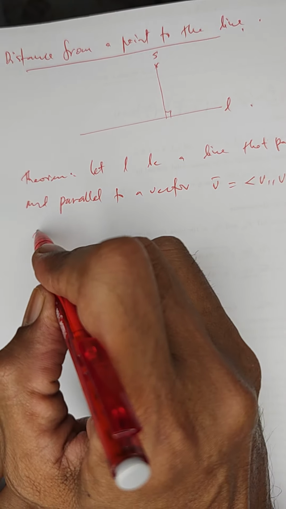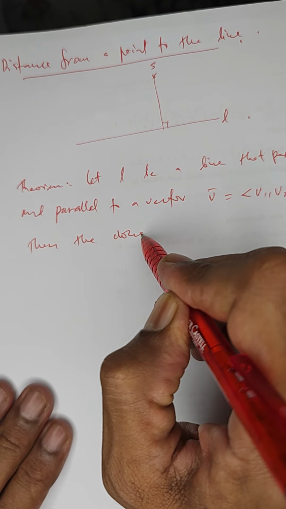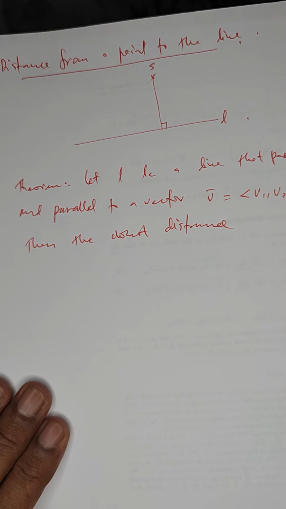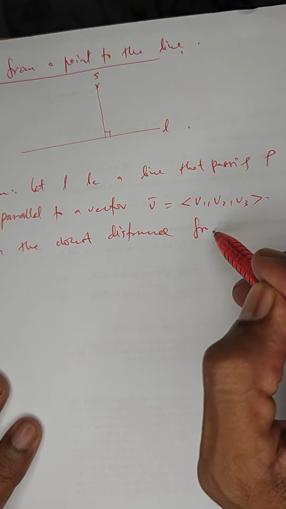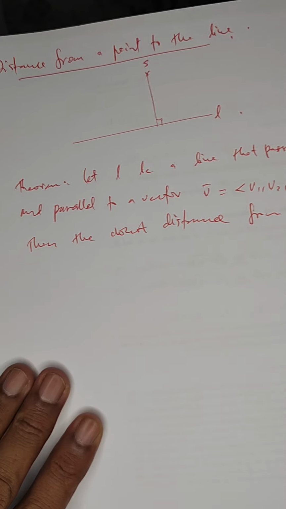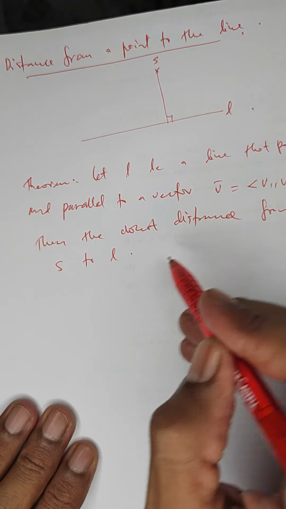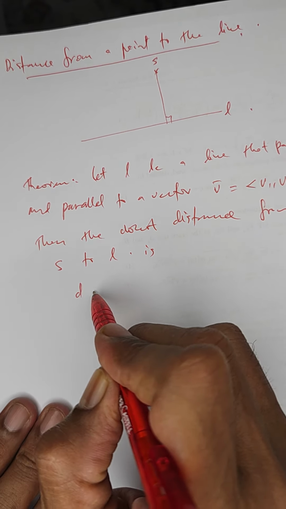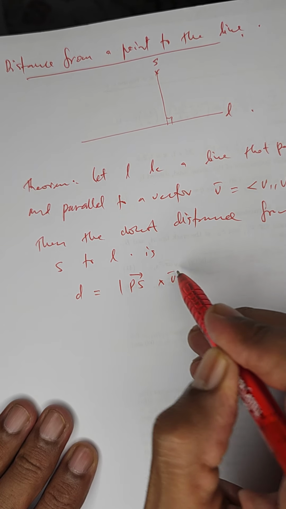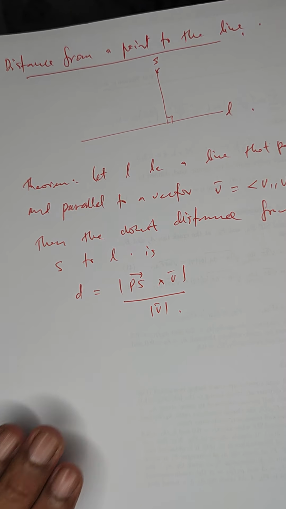Then the closest distance from a point S to L is given by D equal to the magnitude of PS cross V over the magnitude of V.